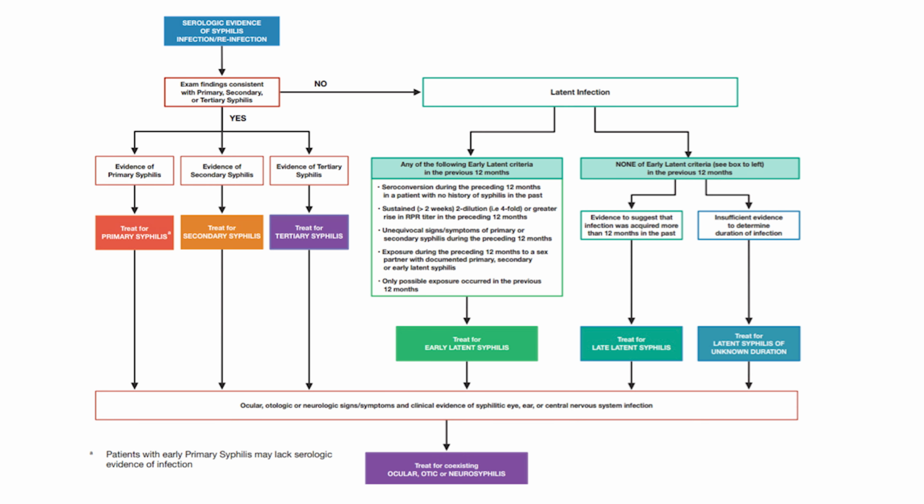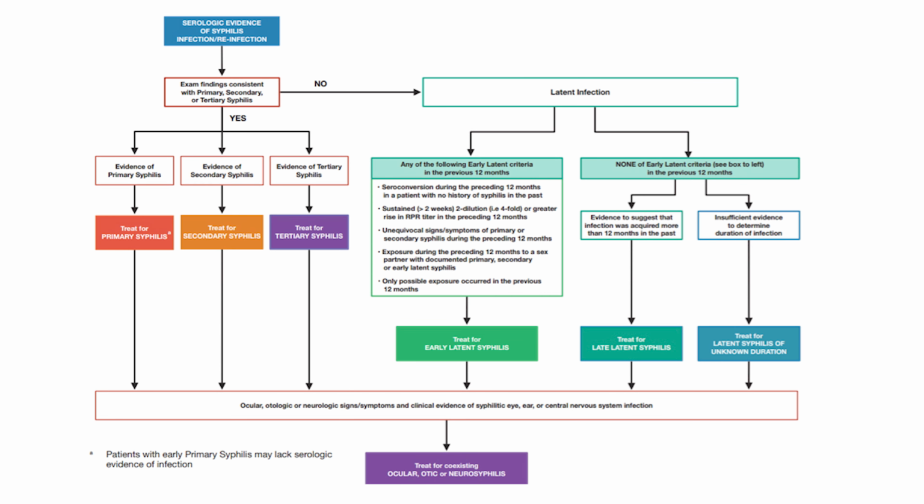Suppose a person is asymptomatic and has a positive syphilis test result today. And we have prior information from over a year ago when the test was previously negative. In that stage, we call it late latent syphilis, meaning this person is asymptomatic and over 12 months ago, they had a negative test result.